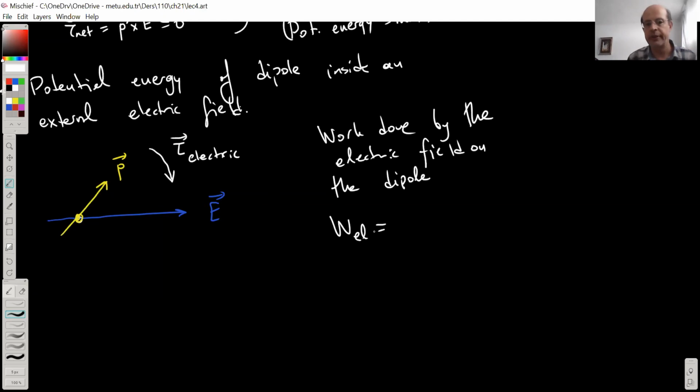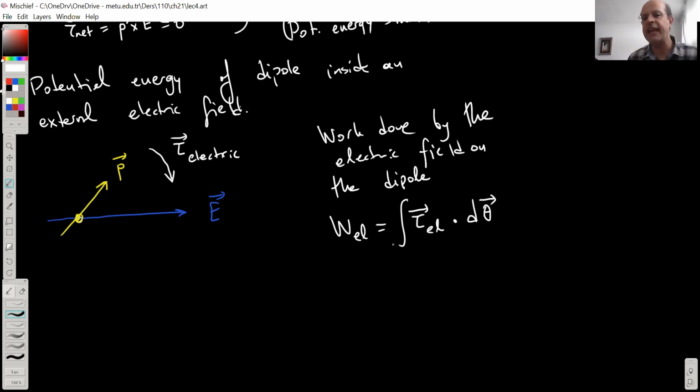We have a torque. So I can replace this expression with the electric torque dotted with the displacement, and in that case the displacement is the angle. And I need to integrate this because we cannot have a uniform torque in here, because the torque depends on the angle. So this is the work done by the electric field on the dipole.